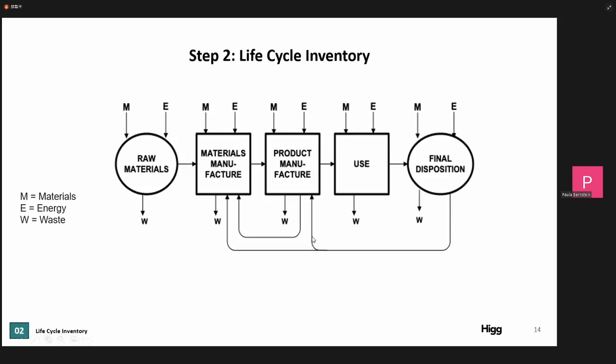So the next step after we define our goal and scope is the lifecycle inventory stage, which involves collecting data and the actual modeling of the process. So we ask the question, what are the material inputs as well as the energy inputs, and then what are the emissions and the waste for every single process at every single stage.